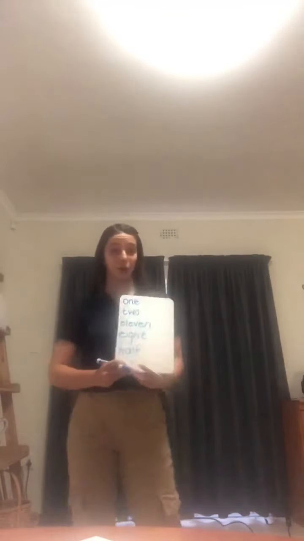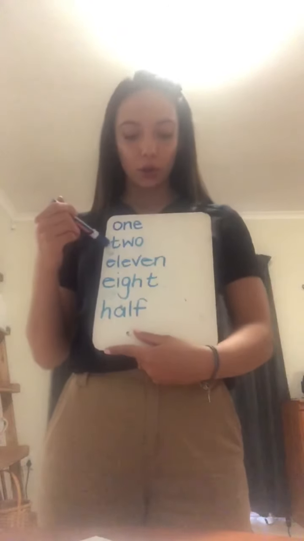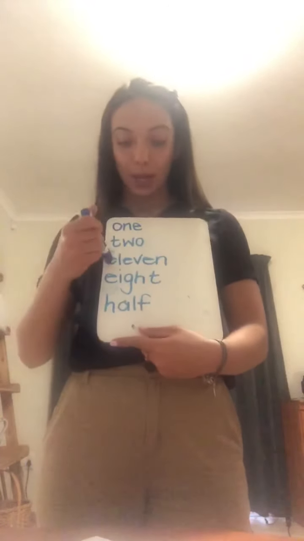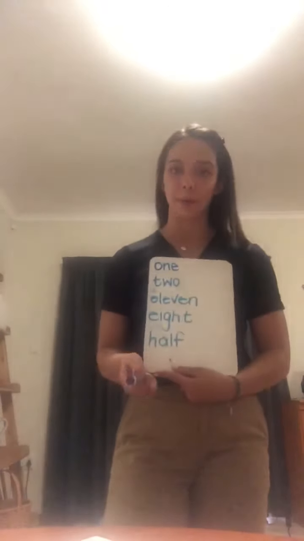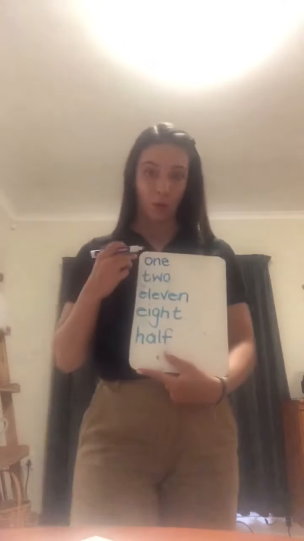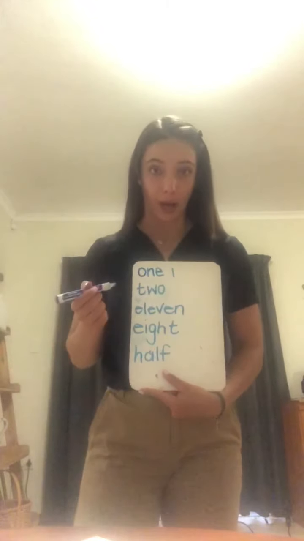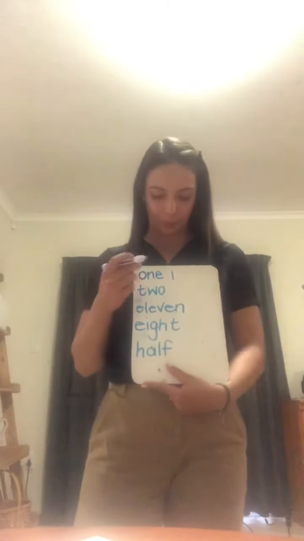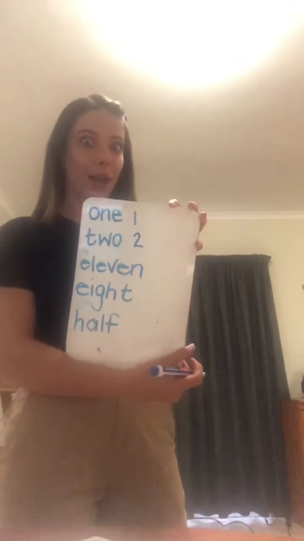So if we can write the number 1, how do we write the number half? So we have learned our number names. We have learned the number names 1, 2, 3, 4, 5, 6, 7, 8, 9, 10, 11, all the way to 20. So if our number name 1 has a number that looks like this, right? We all know that already. And the number name 2 has a number, oopsie, let me just write it like this, has a number like that.